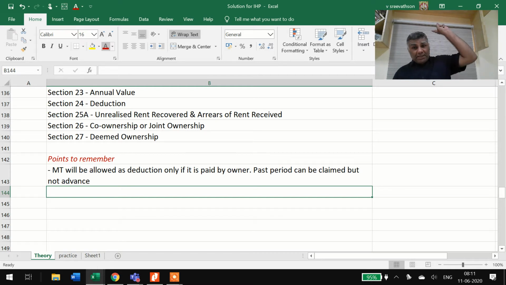Past period municipal taxes can be accumulated and claimed, but not municipal taxes paid in advance.